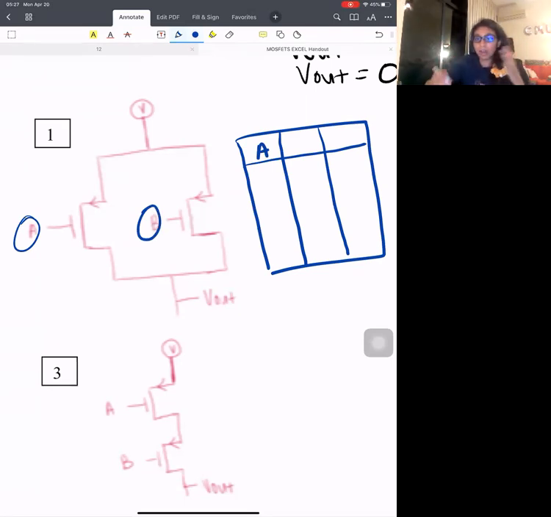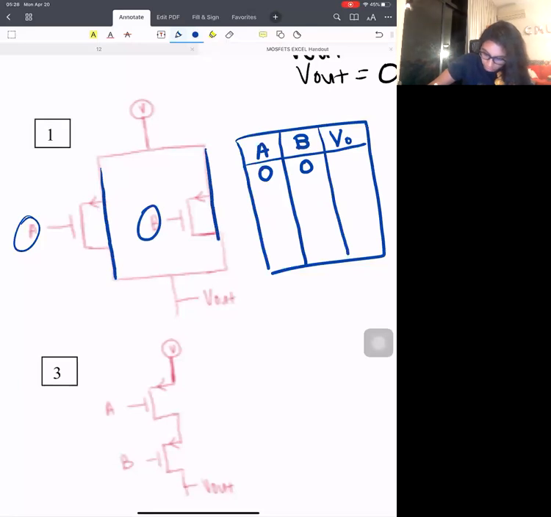Remember how VGS determines how the transistor acts. So in this case, we're just saying if the sources are on or off, and then how that affects V out. So if A is off, so there's no voltage coming from A, and there's no voltage coming from B, then because it's a PMOS, that means that our PMOS is on, and that means that we're going to have a short circuit here and a short circuit here.